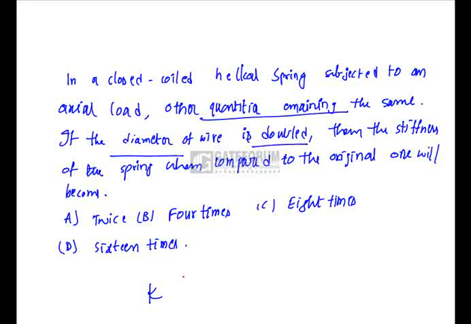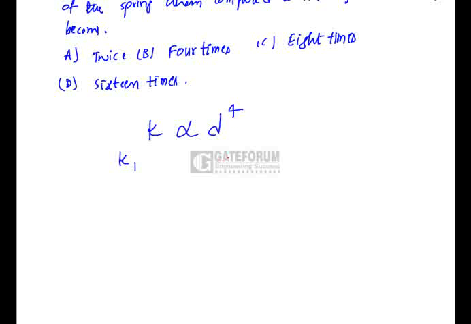What is the relationship between stiffness and the diameter in a closed coil helical spring? The stiffness is directly proportional to d to the power of 4. Let me take the first stiffness coefficient as K1 and the first diameter as D1. Now the second stiffness coefficient we can consider as K2 and the diameter is doubled, that means D2 is 2 D1.